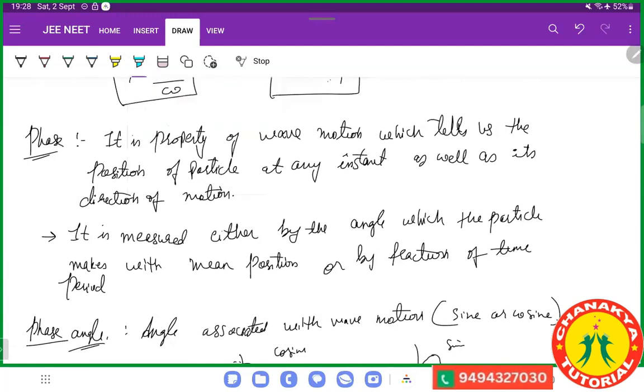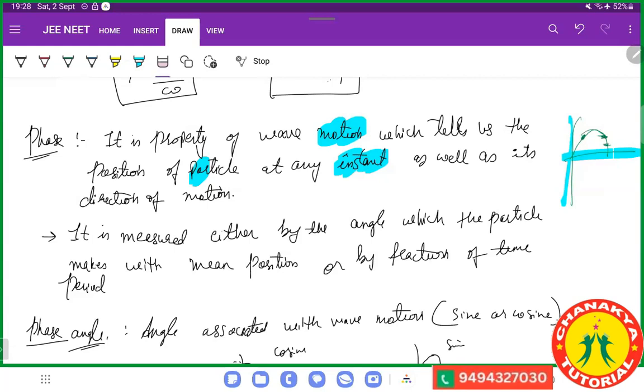Phase diagram, or phase. First let's understand about phase, then we'll go for phase diagram. Phase means a property of motion, wave motion, how it is moving. Like the position of a particle at any particular instant. If I draw that phase at this place, this particle was here at this time, it went here at this time, and it reached here at this time.